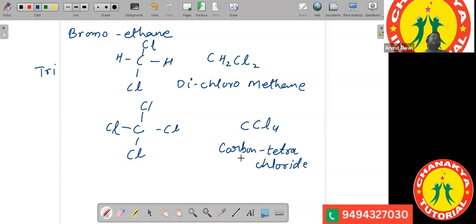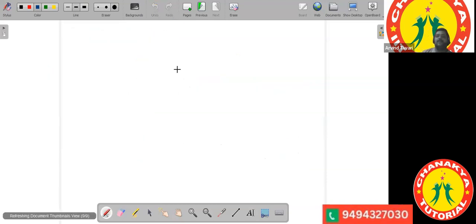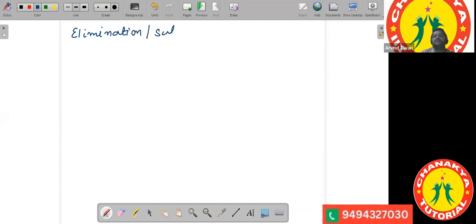So along with it, we will continue with the nomenclature. Nomenclature has not ended. We will continue with it. But there are some things that will undergo reactions, like the elimination or substitution reaction.